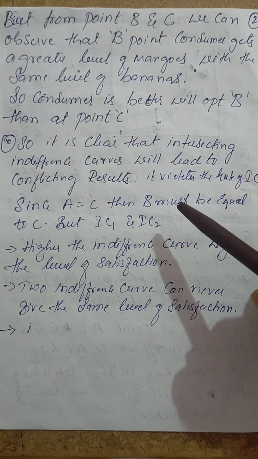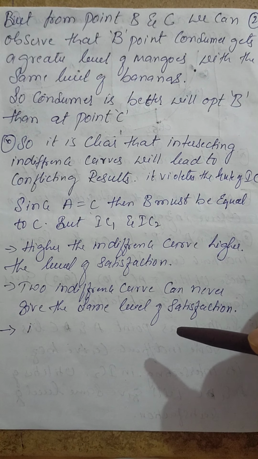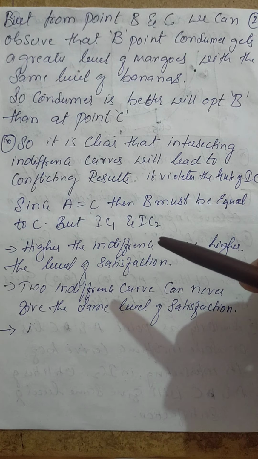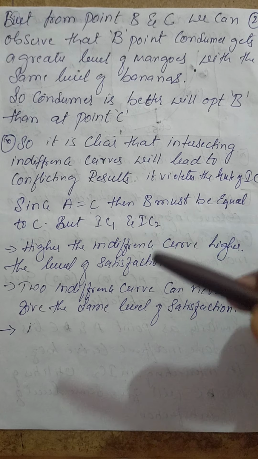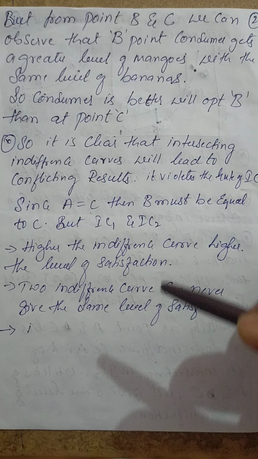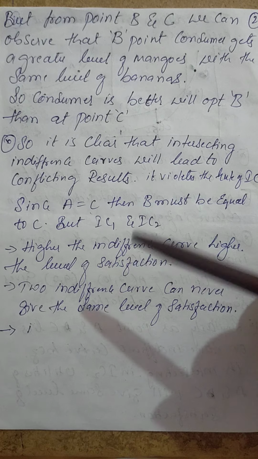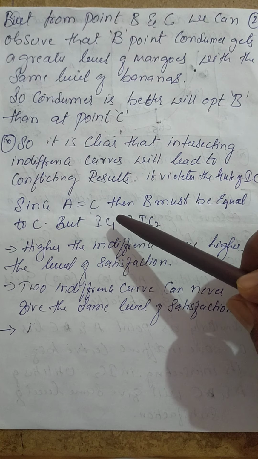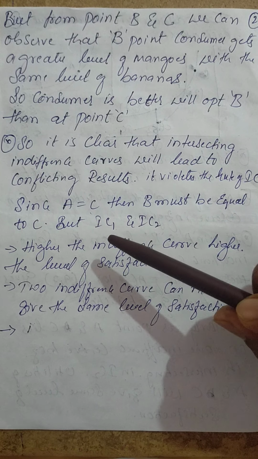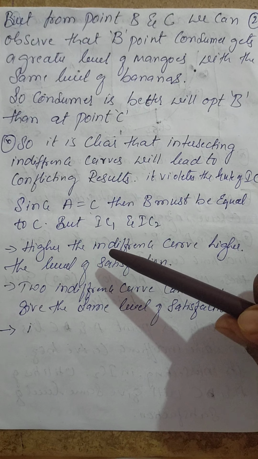What is the rule of the IC curve? It says that two indifference curves never intersect, and every single indifference curve has the same level of satisfaction. So that rule will be violated if they intersect. Since A is equal to C, B must be equal to C, but it will not happen. B will not be equal to C.